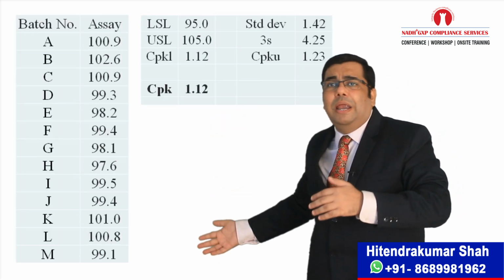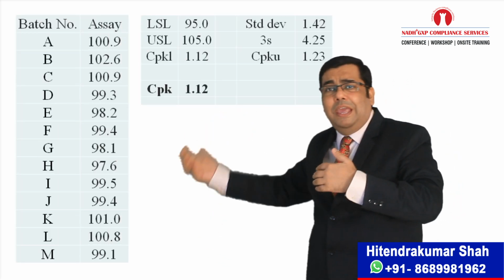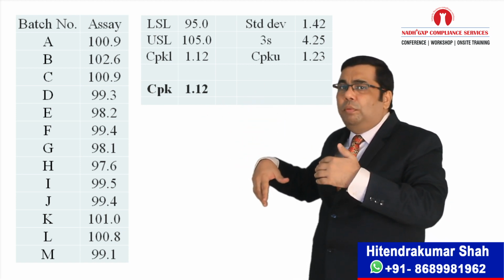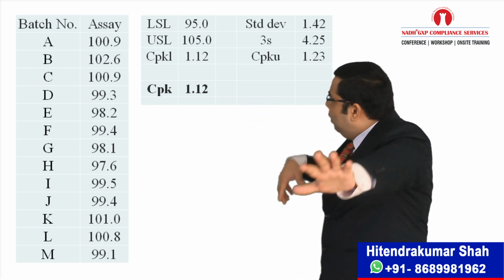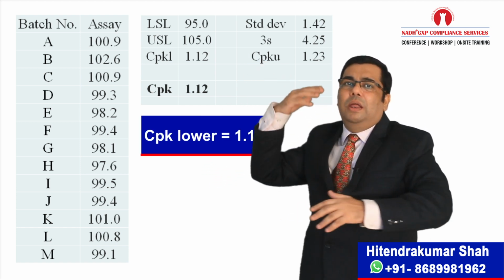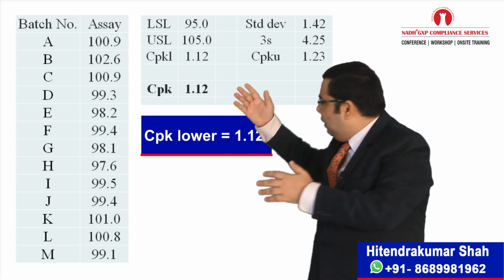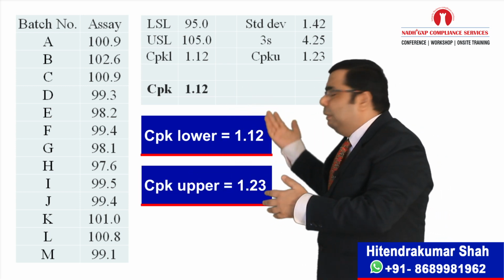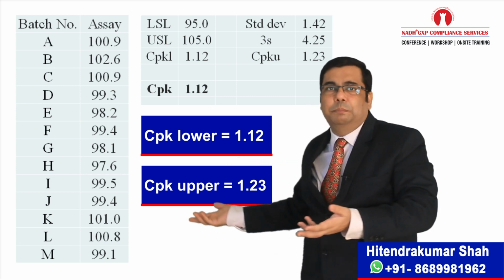So now, if we calculate CPK for the upper and lower specification limits in the same example by following this formula, we will see that the CPK lower value is 1.12 and the CPK upper value is 1.23.